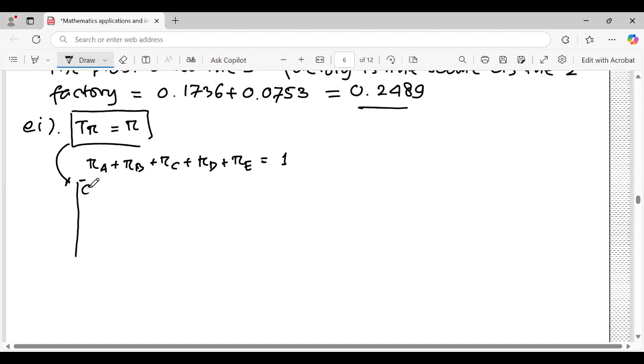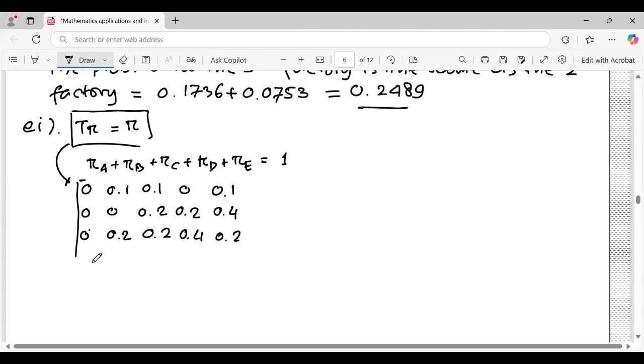Through this rule, we can write the transition matrix: 0, 0.1, 0.1, 0, 0.1, and then 0, 0, 0.2, 0.2, 0.4, 0, 0.2, 0.2, 0.4, 0.2, 0.7, 0.25, 0.3, 0.2, 0, 0.3, 0.25, 0.2, 0.2, 0.3.